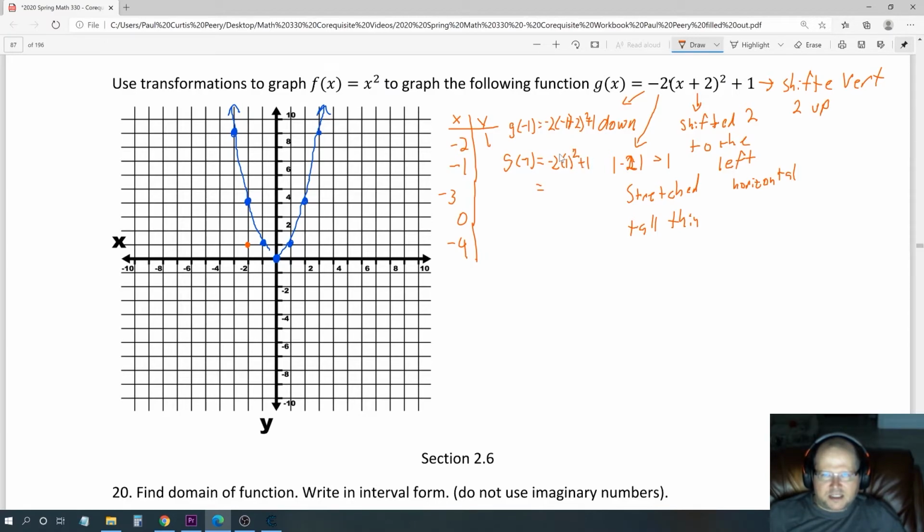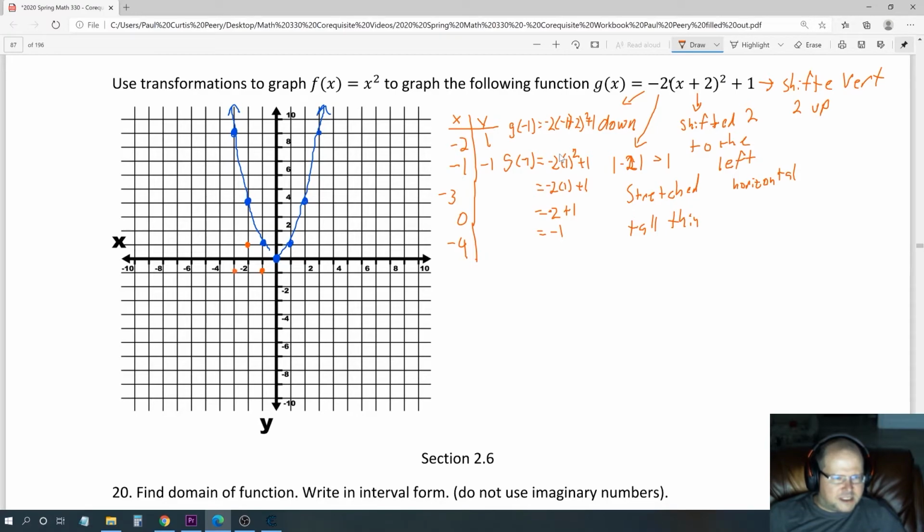Then 1 squared is going to give you a 1, and it's -2 times 1, so it's -2 plus 1, which gives me -1. So that'd be -1, -1. From there, -1, -1 would be right there.